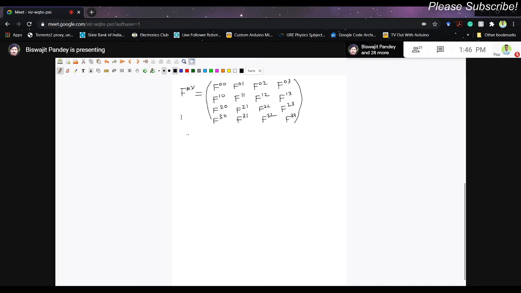So for a symmetric tensor F mu nu, if you exchange the indices, it will be F nu mu, right? So altering the indices doesn't change the components, right? So that means F10 and F01 will be the same, F20 and F02 will be the same, and so on.